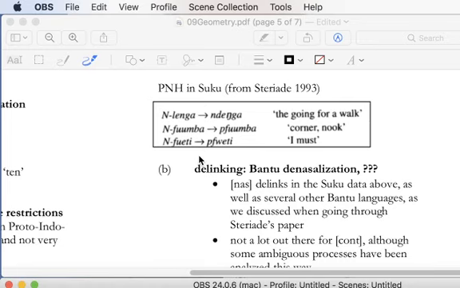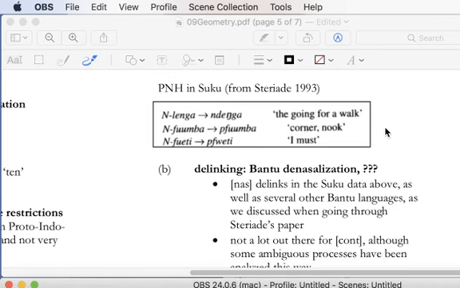So the basic idea is that the minus continuant feature from a nasal stop spreads onto a following plus continuant consonant, and you get either total non-continuancy, total stopping, or partial non-continuancy, so affrication here. Again, within the autosegmental framework, that's spreading of continuancy. It's not necessarily taking any other features with it. It's just turning a continuant into a non-continuant.